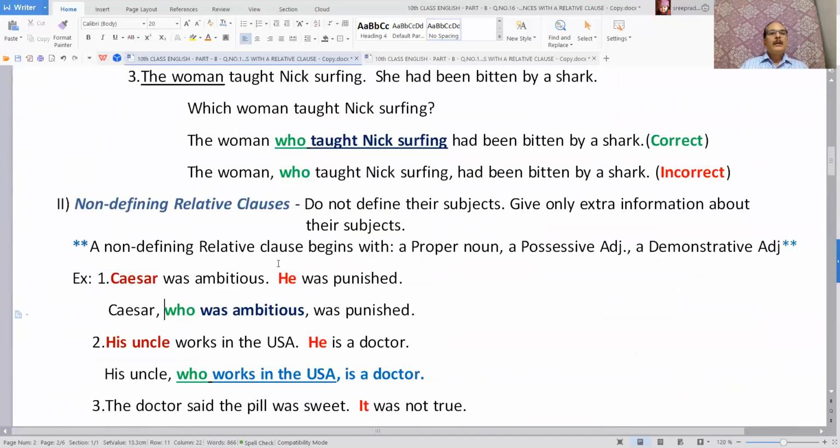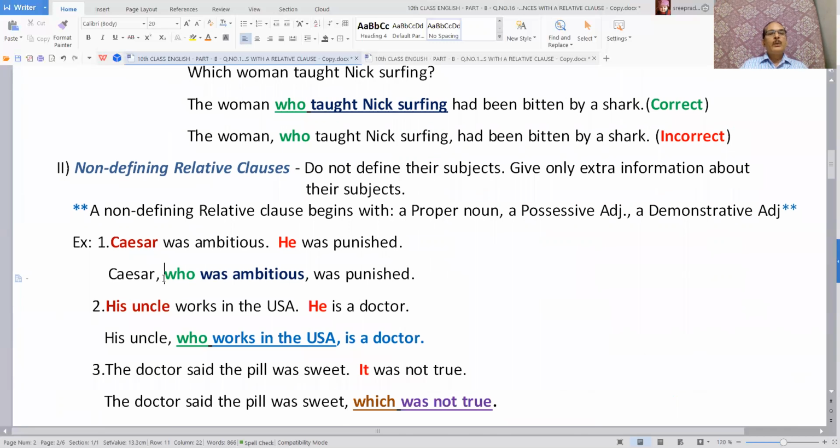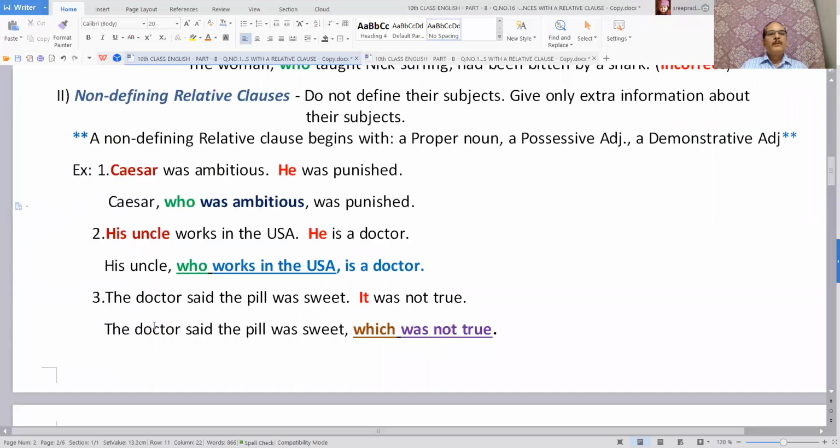And non-defining relative clauses have nothing to do with the subject. Even after deleting the non-defining relative clause, the main clause has its own meaning. The subject has its own identity. Moreover, non-defining relative clauses are used between commas or after the completion of a main clause.